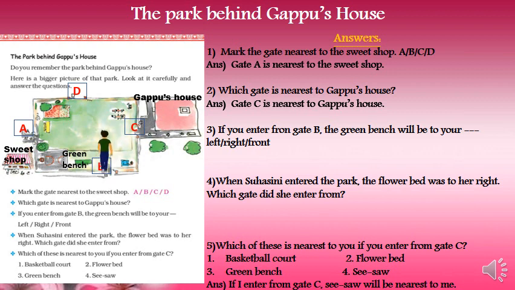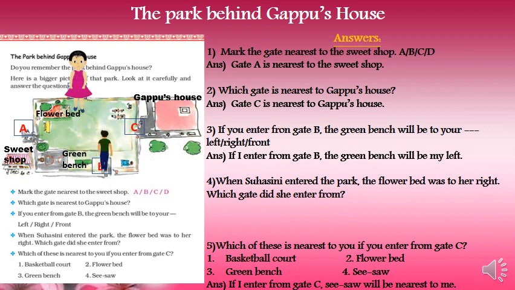Now, when Suhasini entered the park, the flower bed was to her right. Which gate did she enter from?